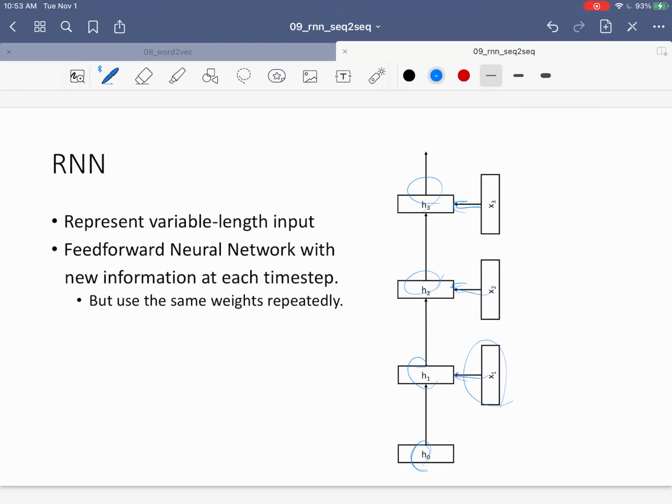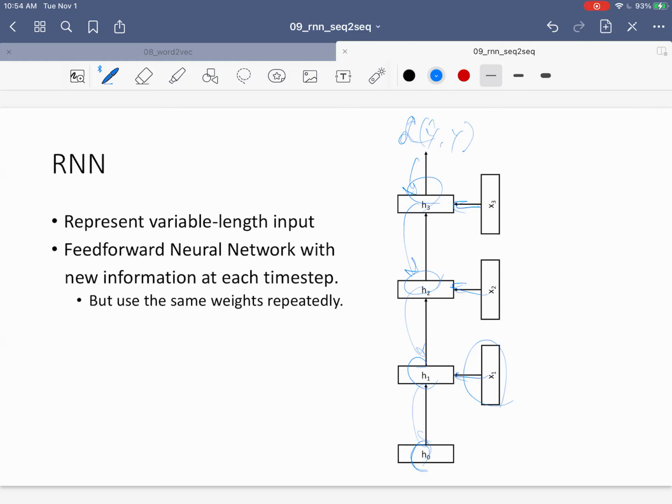So you can imagine how the backprop would work, because in the original feed-forward neural network, your backprop depends on your loss function, which is y prime, y. Actually, y hat would be better. So you start with your loss function, then you backpropagate your error signal to the previous hidden layer, like this, right?